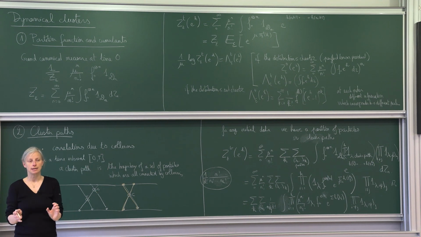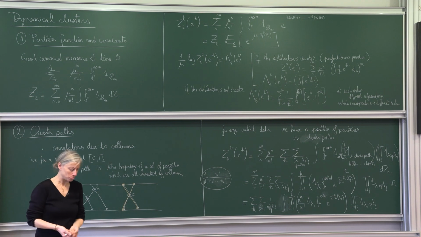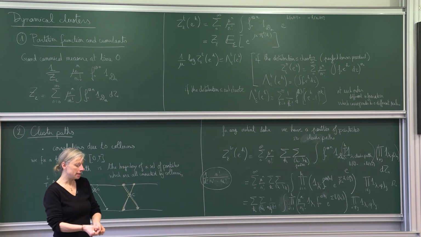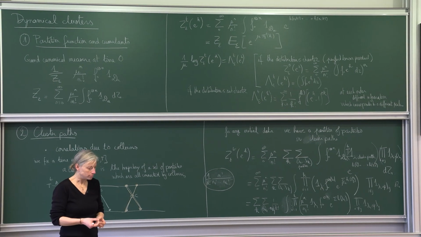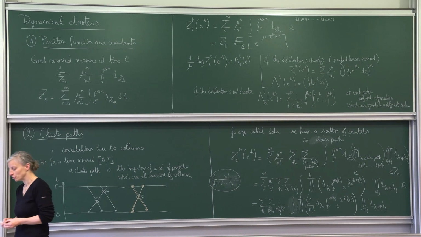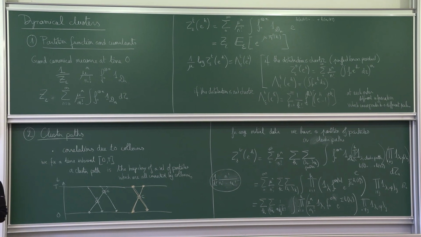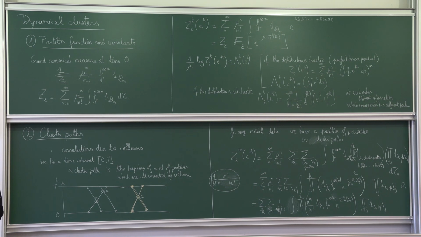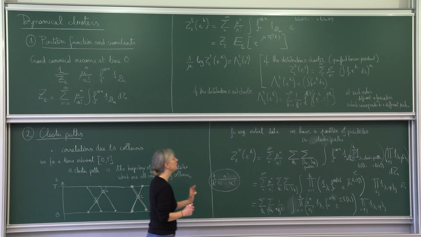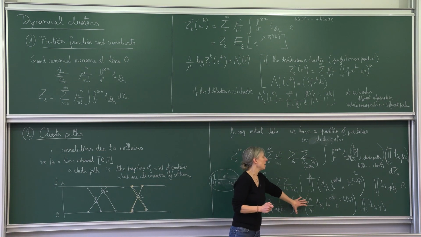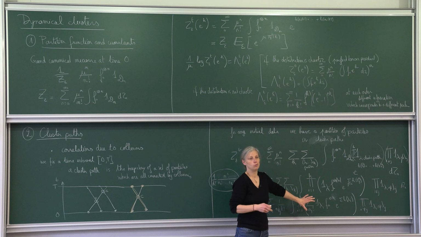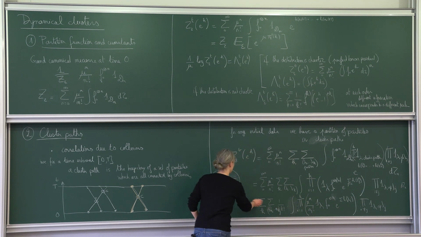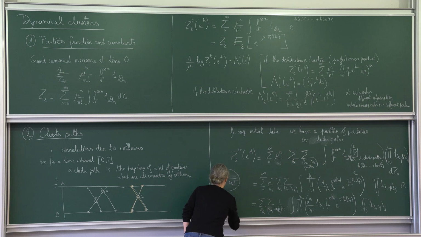Okay, and so I decide that the elementary object that I will consider is not the particle, but the cluster path. And the cluster path is just a set of particles which are connected by collisions. Okay? And so just using Fubini, essentially, I say that now what I have is a gas, almost like a static gas, but a gas of cluster paths. Okay? So now we have a gas of cluster paths.